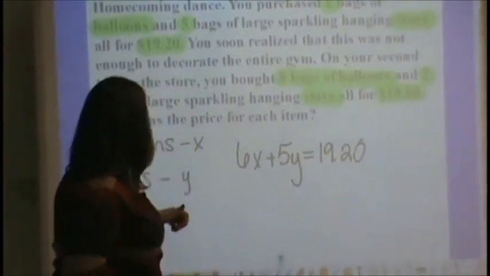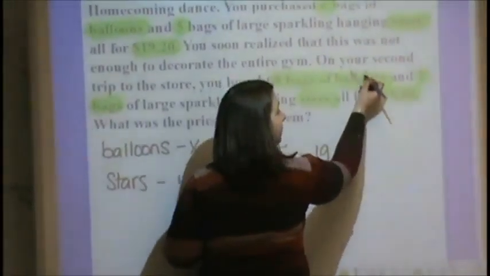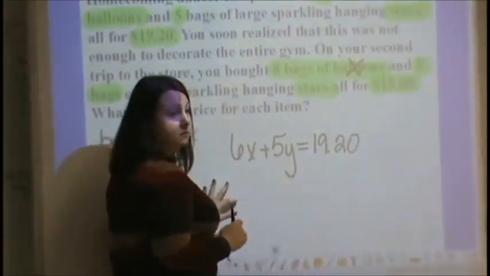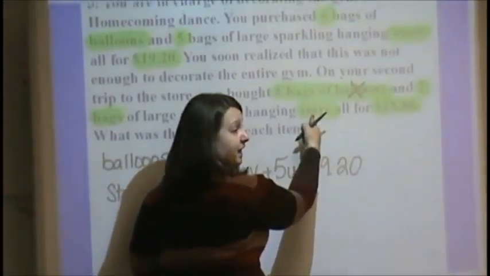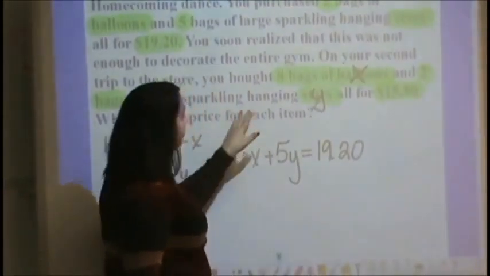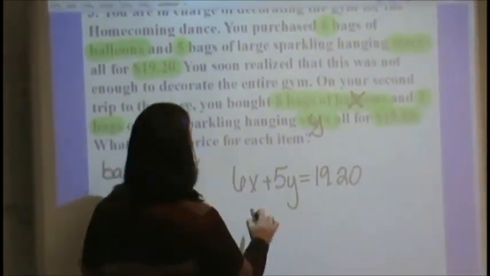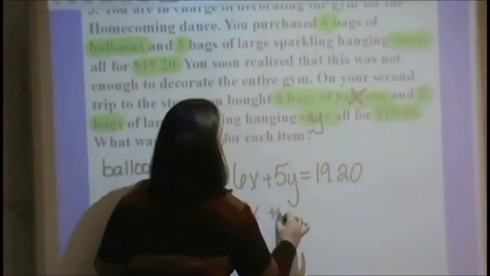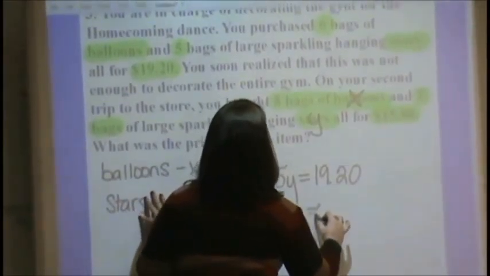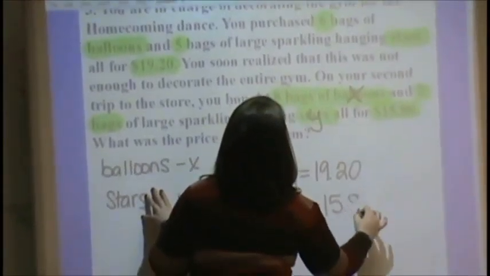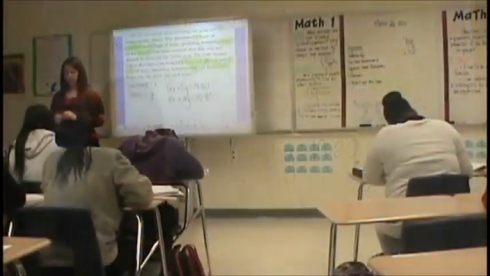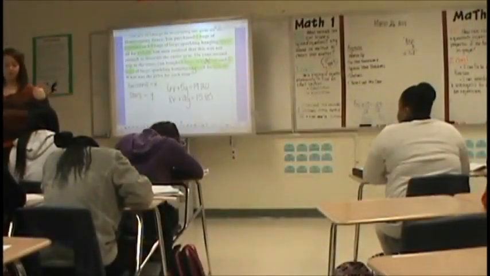We know everywhere we see balloons, we're putting an X. Everywhere we see stars, we're putting a Y. So what's my next equation? 8x plus 2y equals 15.80.